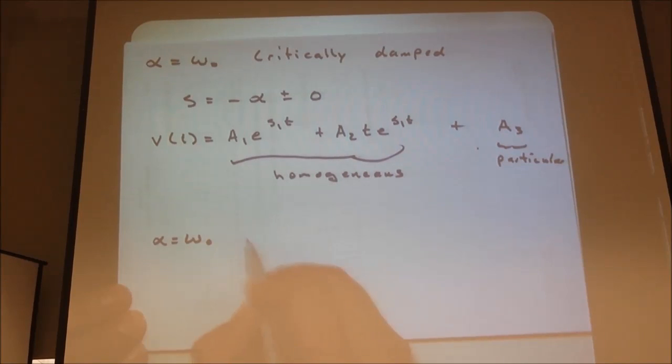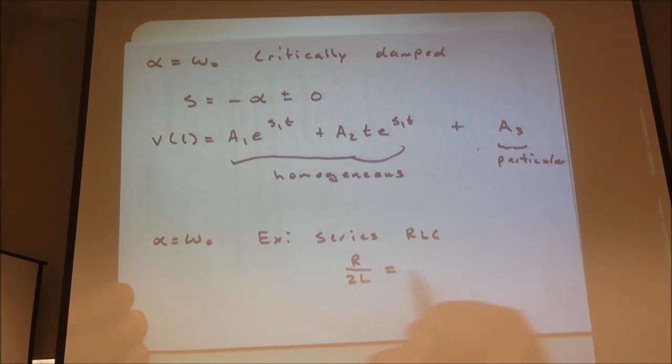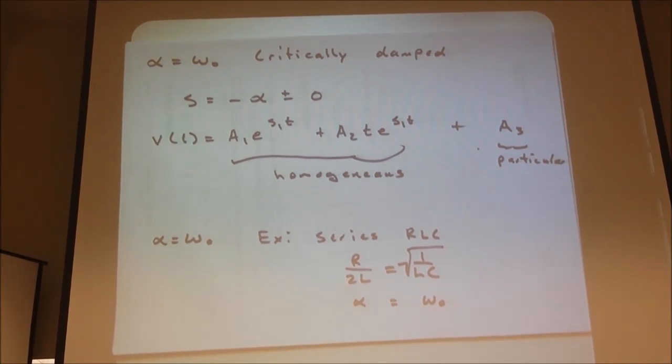Well, again, for our series RLC circuit, what does that mean? R over 2L equals 1 over the square root of LC. This is 2 alpha, this is alpha, and that's omega naught. And something similar for the parallel circuit.